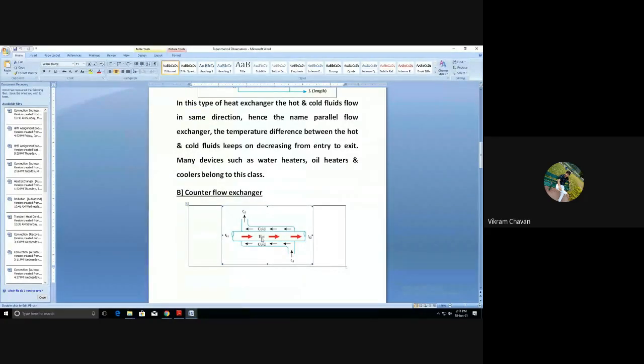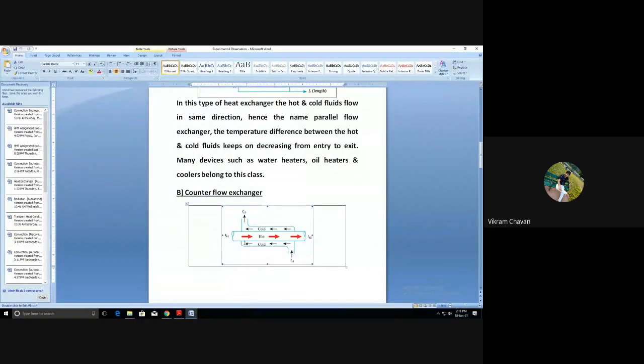Where the hot fluid enters the heat exchanger, on that side the cold fluid is leaving, and where the cold fluid enters, on that side the hot fluid is leaving the heat exchanger.